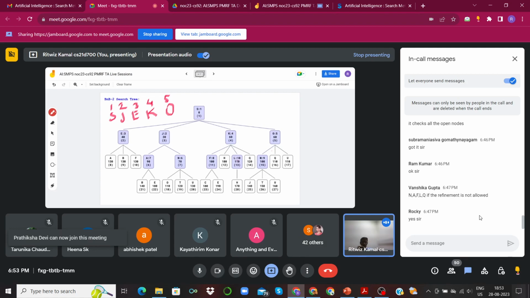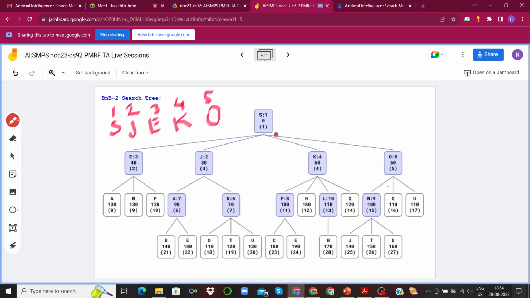Can anyone tell me? That's right, alphabetical order. This is where our assumption at the start of the problem statement comes to use, because alphabetically K occurs before O, so we are choosing to explore K before O. Just a minor point that I wanted to mention.